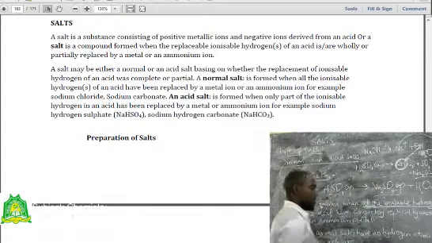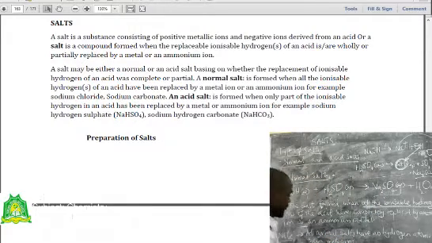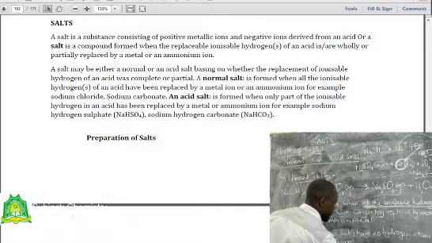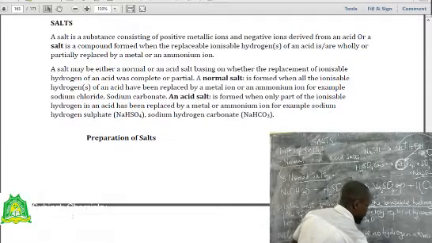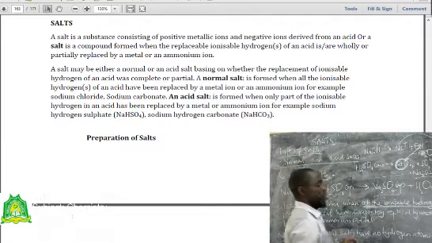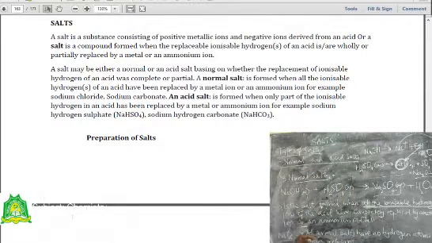In other words, all nitrates and all chlorides are normal salts, because they are acid derivatives.